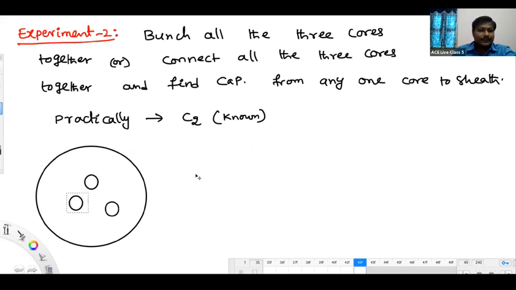And there is a sheath which is not connected to ground.